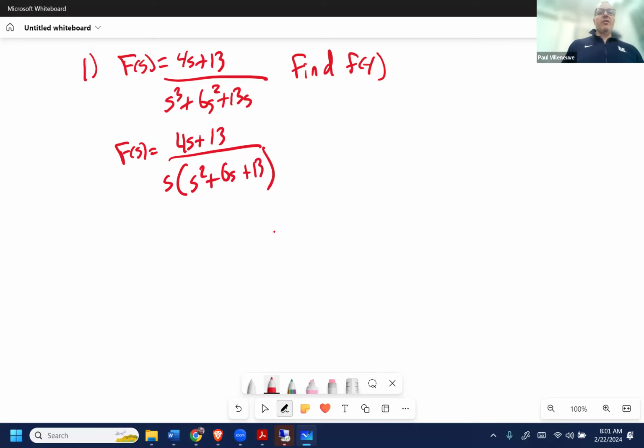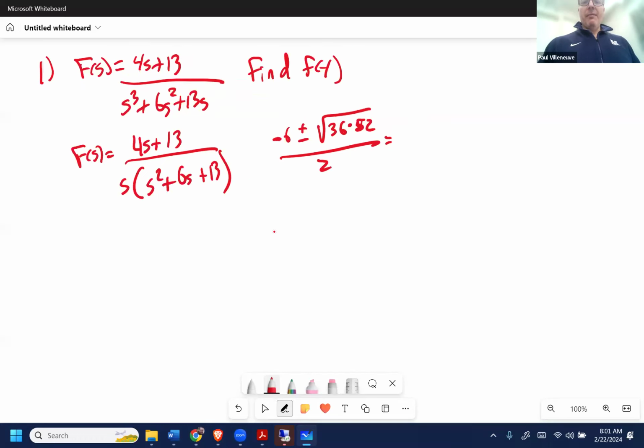And now you can either use roots or the quadratic equation. So do your complex roots or whatever. I'll just do the quadratic equation. So we have negative b plus or minus the square root of b squared minus 4ac. So 4 times 13 is, no, 52, sorry, all over 2a.